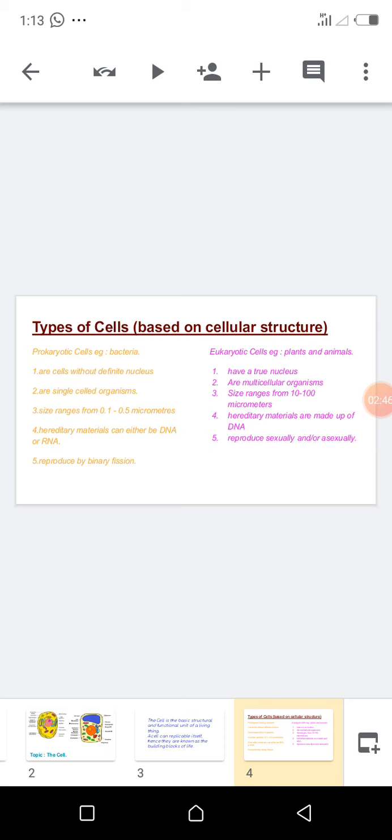The sizes are larger than the prokaryotic cells, ranging from 10 micrometers to 100 micrometers. The hereditary materials found in eukaryotic cells are DNA. That's the deoxyribonucleic acids. Eukaryotic cells can reproduce sexually or asexually. They can also reproduce both sexually and asexually.